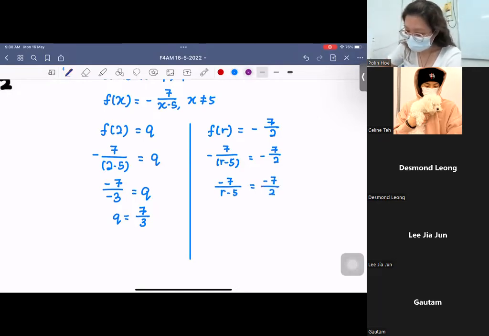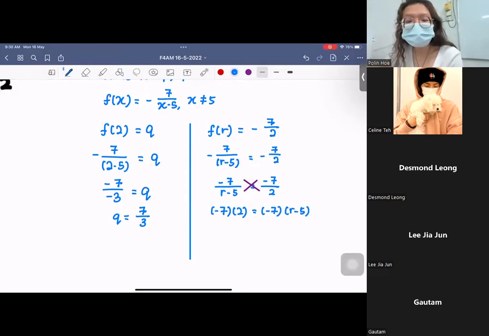After that, you cross multiply. Then you will get negative 7 times 2 equals to negative 7 times R minus 5. And then you expand it, and then you will get the answer.